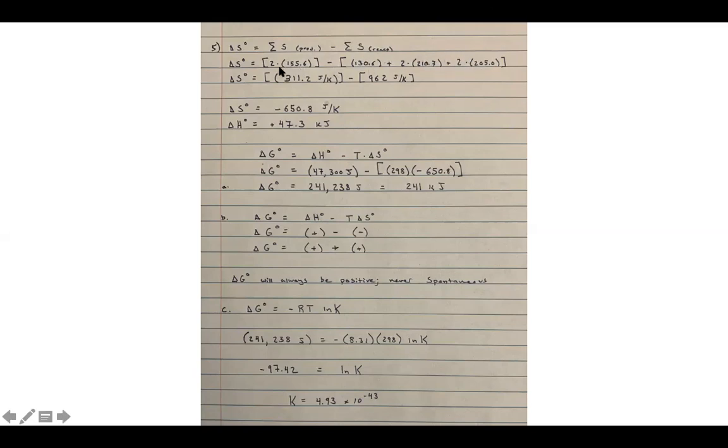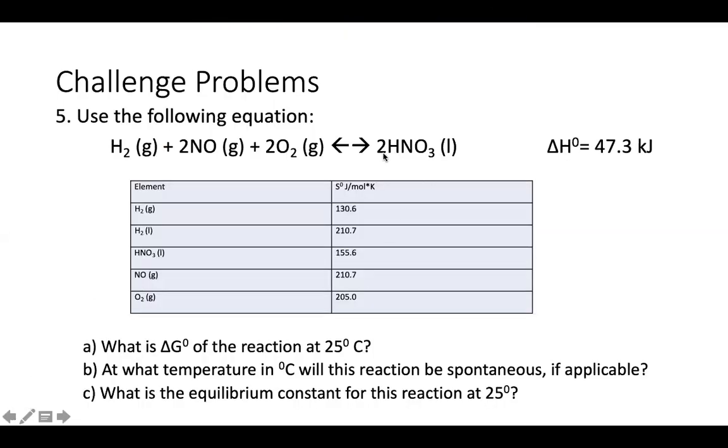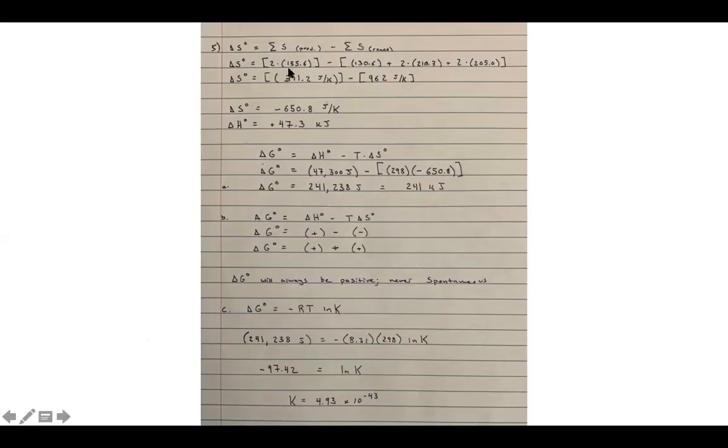Note how I take these values from the table. Sorry, I don't really remember the equations. Let me go back for a second. This would be liquid nitric acid, which I don't really know if it's a thing, but liquid nitric acid here was the product. Its entropy value is 155.6, but notice I multiplied it by 2 because that's its coefficient in the balanced chemical equation.